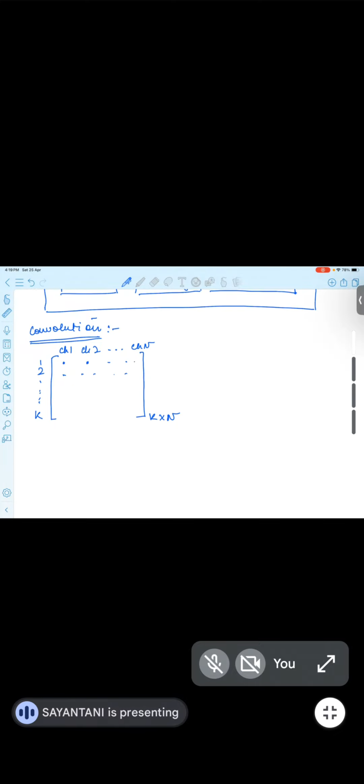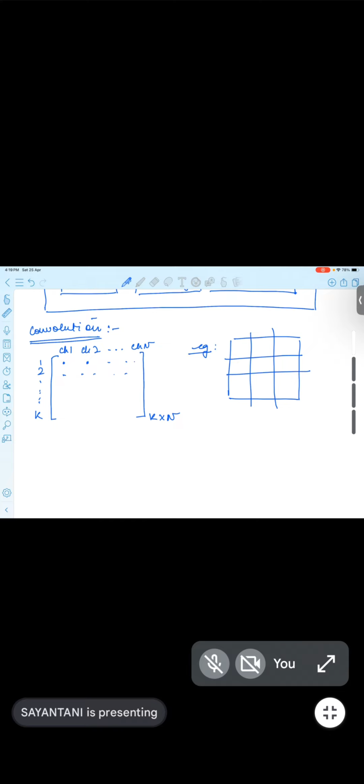Suppose I'm considering as an example a 3 cross 3 matrix. Okay, so I'm just taking an example of a small 3 cross 3 matrix upon which you have to perform the convolution operation.